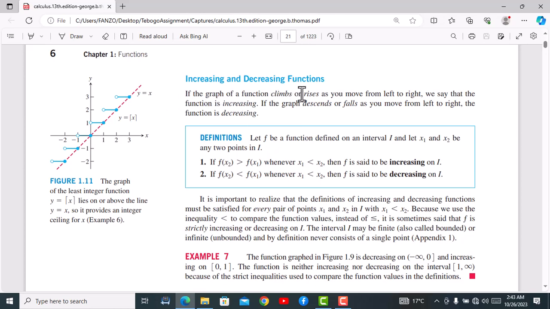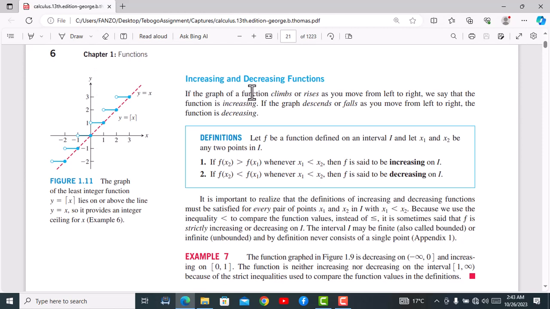If the graph of a function climbs or rises as you move from left to right, we say that the function is increasing. Right. What are we saying here? If the graph of a function climbs or rises, it is moving upwards.